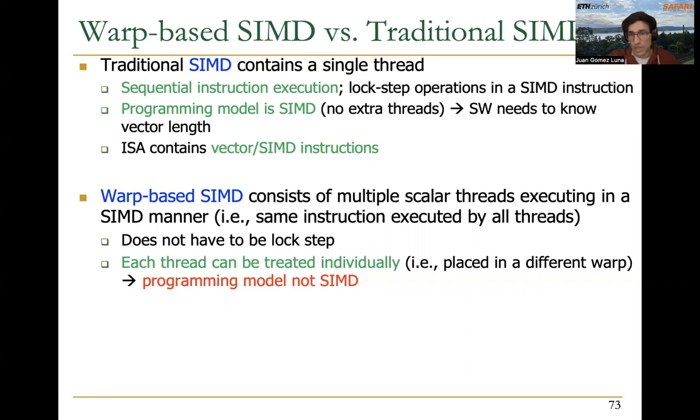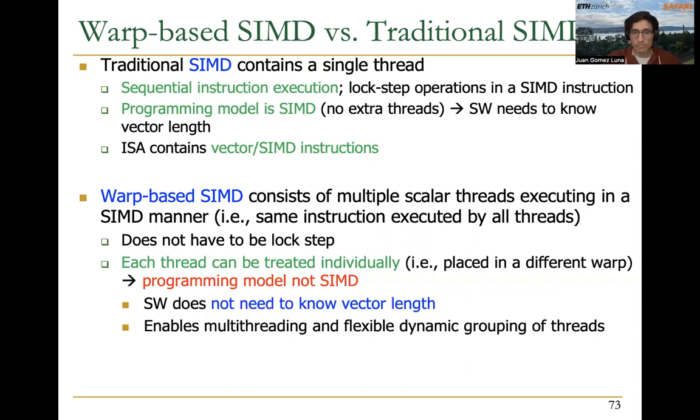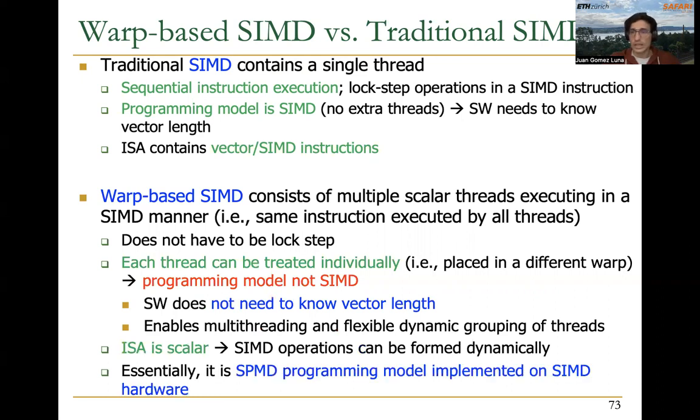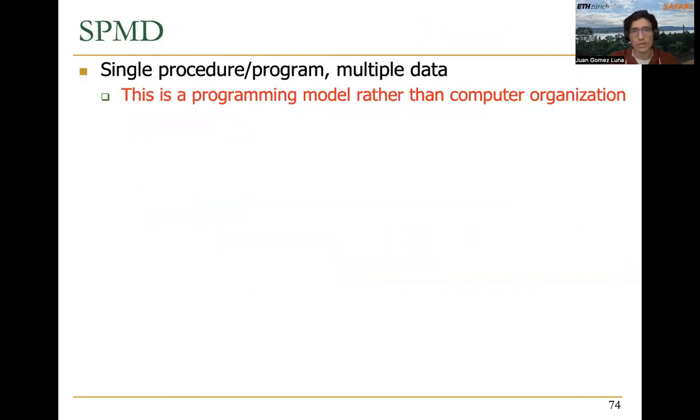Each thread can be treated individually, but even though the ISA is scalar, the GPU will later form the SIMD instructions using these individual threads. So this is, in summary, the SPMD programming model executed on a SIMD machine.